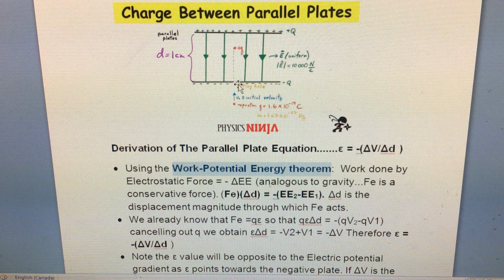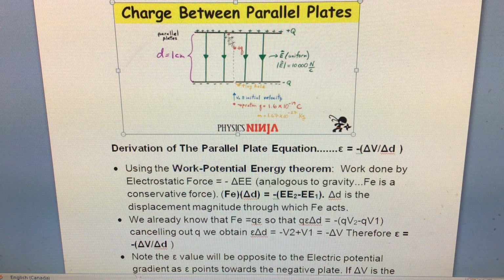If the charge is moving in this direction, then the force of repulsion will be in the opposite direction. The force of repulsion is like this, the displacement is like that. So you're going to a higher electric potential energy, but it's doing negative work. That's why you have a negative sign over there.